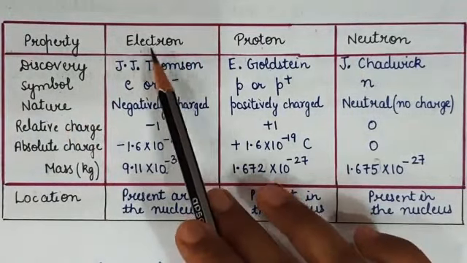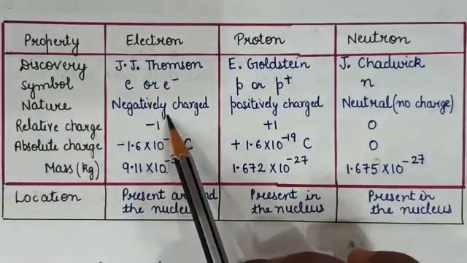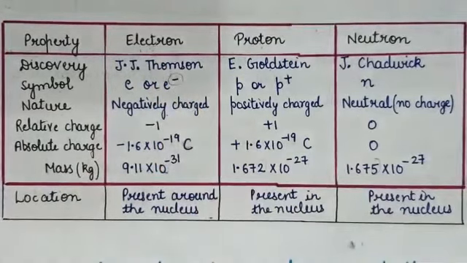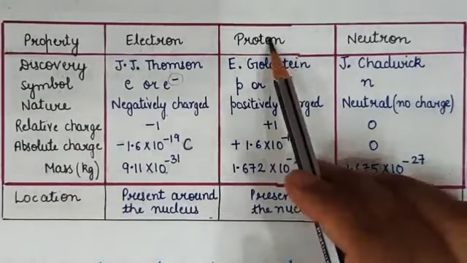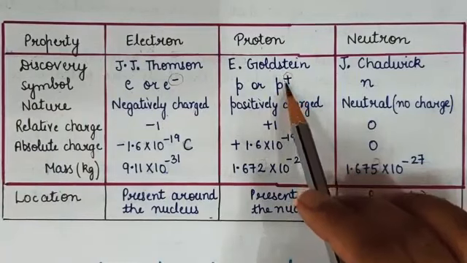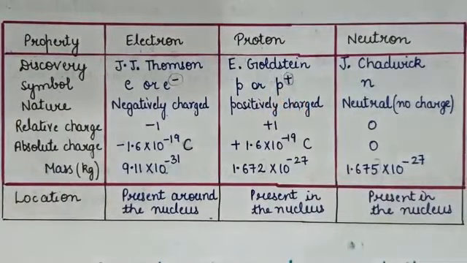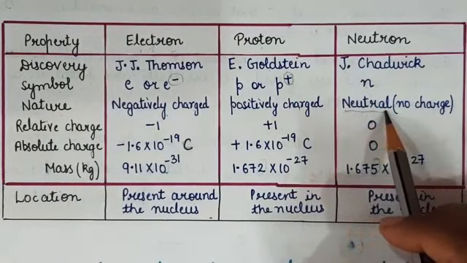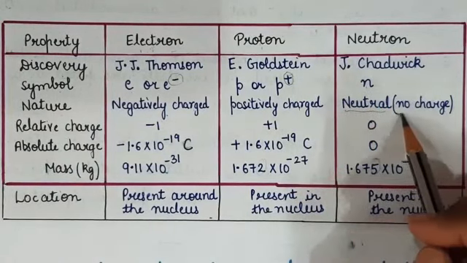Electron is negatively charged, so that's why I have written e negative. Proton is positively charged, so that's why p positive. And neutron is neutral, means there is no charge.